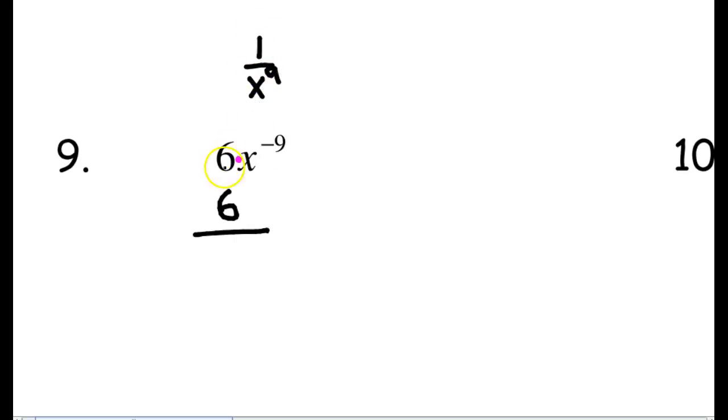And since we have a 6 already on top, we'll just have to put an x to the 9th on the bottom. No need to put the 1 on top, since we have a 6 already there. But just don't move the whole thing to the bottom. So something different would be if there's parentheses here, then we'd move the 6 as well.